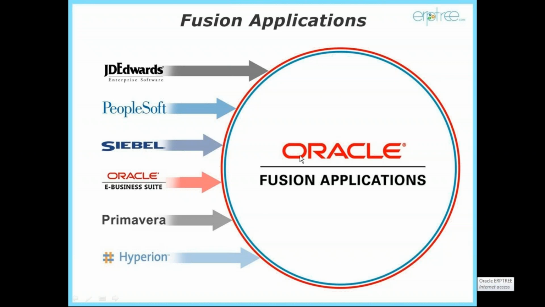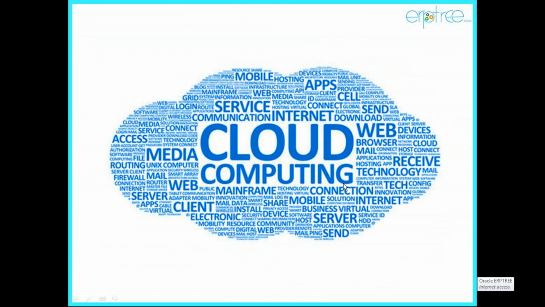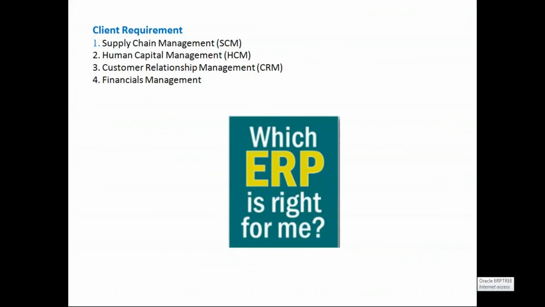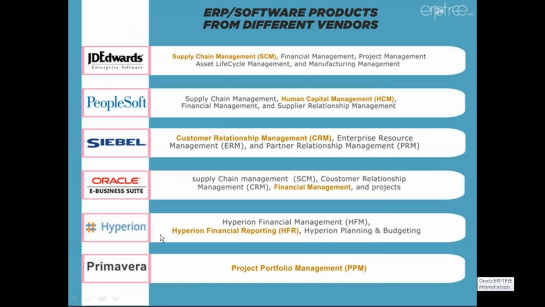That's how they took the best solutions from the different ERP and enterprise products, and they built the ultimate product called Fusion Applications. Okay, now here, JD Edwards is Oracle JD Edwards, PeopleSoft is Oracle PeopleSoft, Siebel is Oracle Siebel, and Primavera is Oracle Primavera, Hyperion is Oracle Hyperion. So that's how we have. So all these ERP products they acquired.